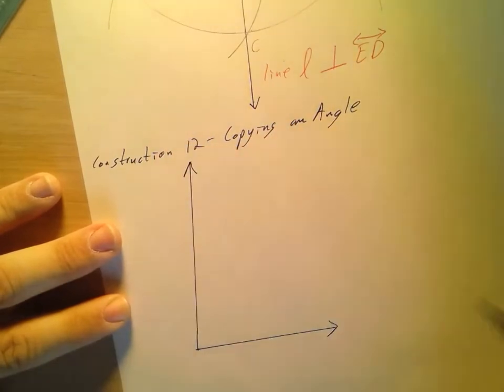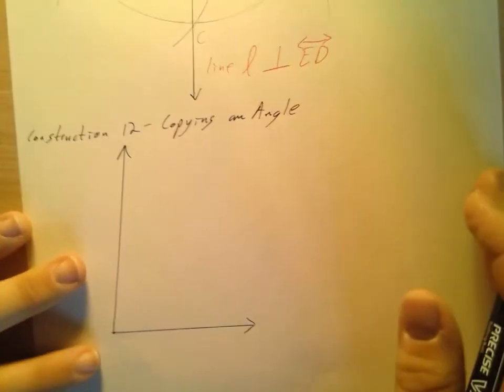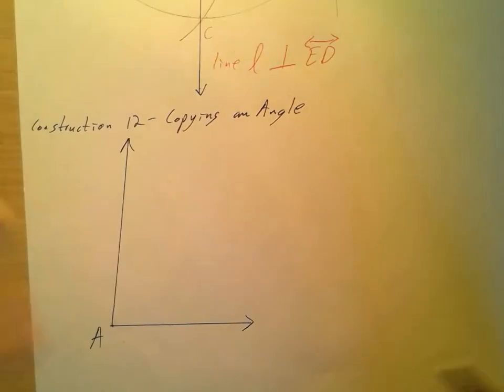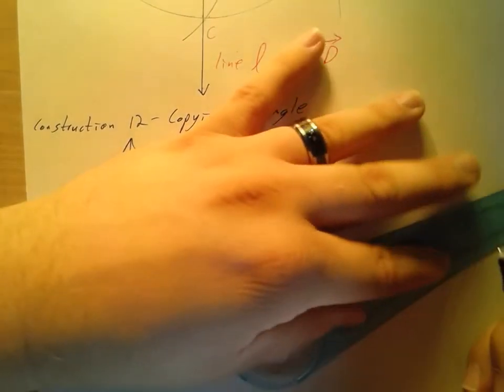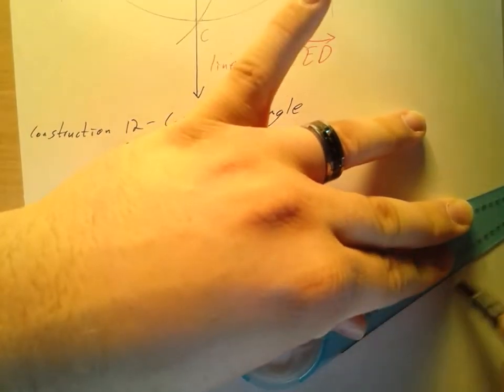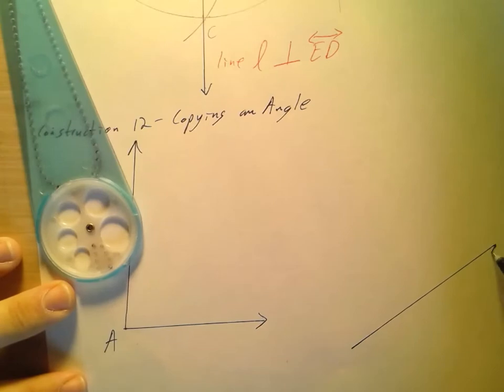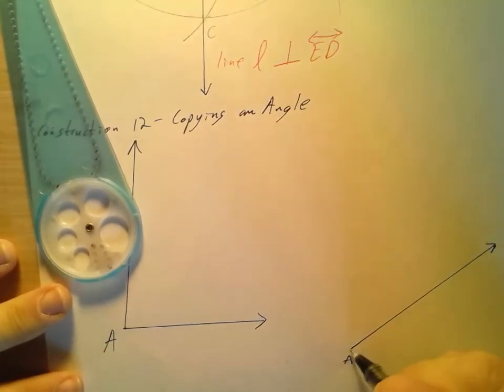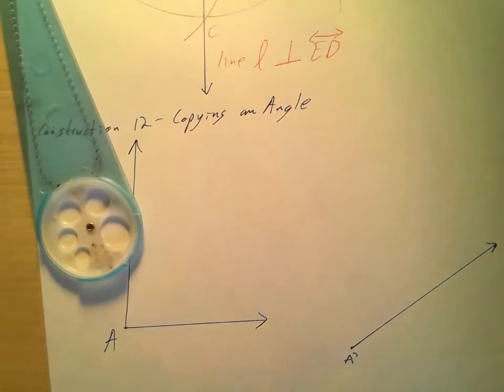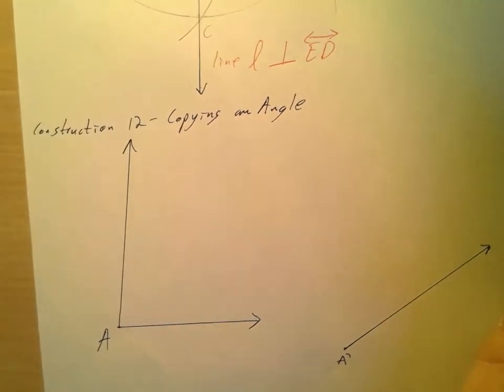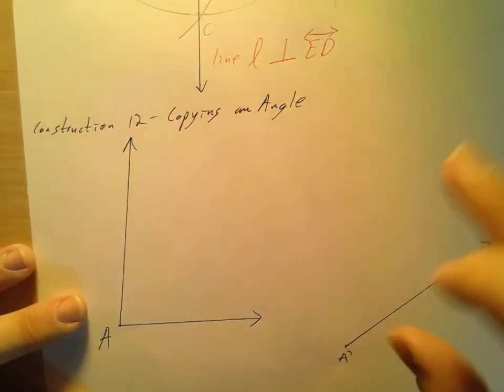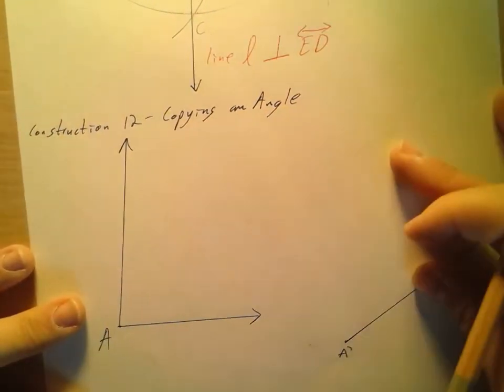It might be acute, it might be right, it might be obtuse, but you're going to be given an angle A. And you're going to be given a random ray, A prime. That's what you'll be given to start with. So we want to copy this angle over here. Basically, we're trying to move it over to here.